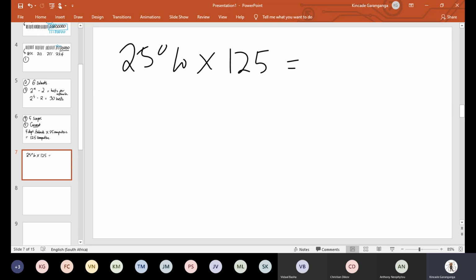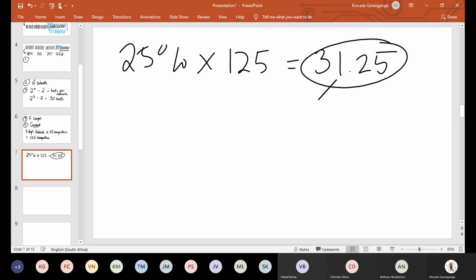If you calculate 0.25 multiplied by 125, I think it gives you 31.25. Someone can confirm this for me. Should be 31.25. So the 31.25 here is our expected growth, or what we need to add on as far as your specific setup is concerned.